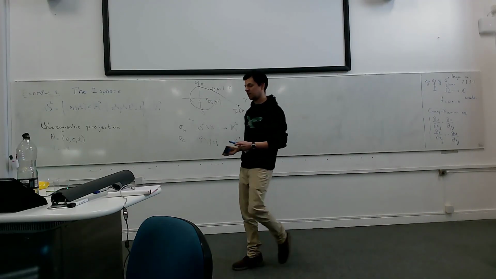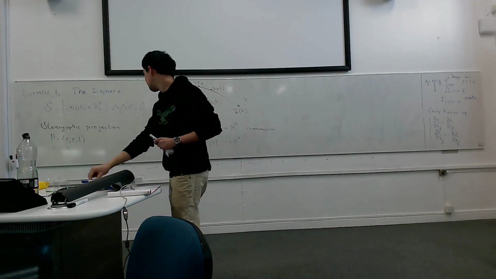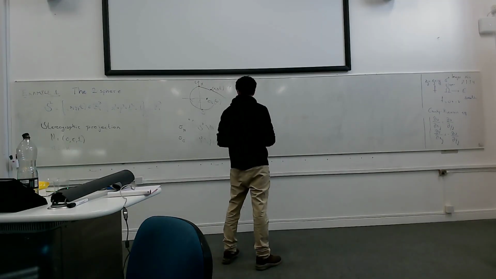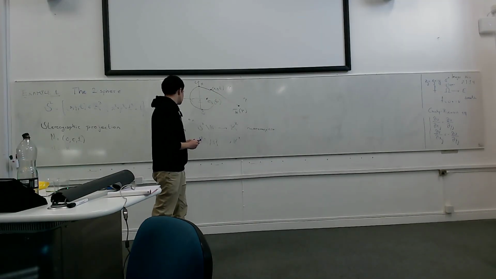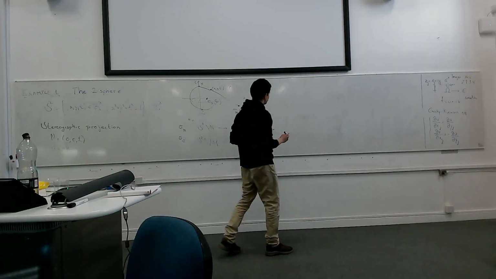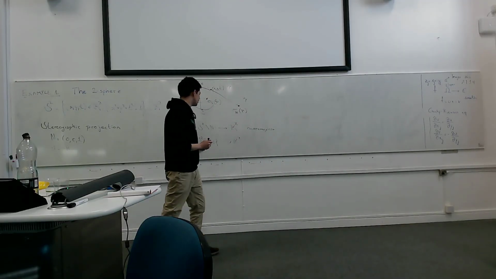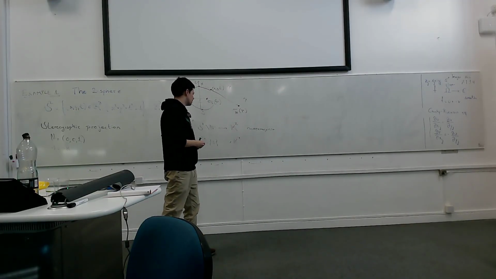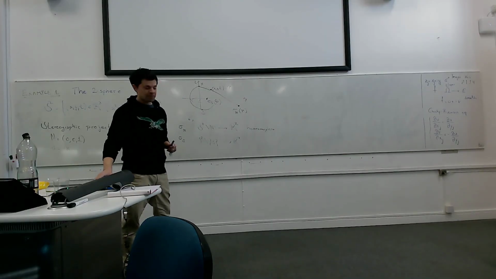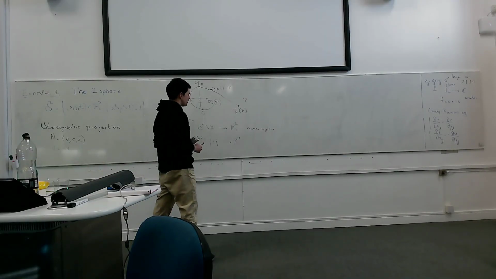So how do we calculate this transition map? First, well, R2, I want to replace R2 with the complex numbers.